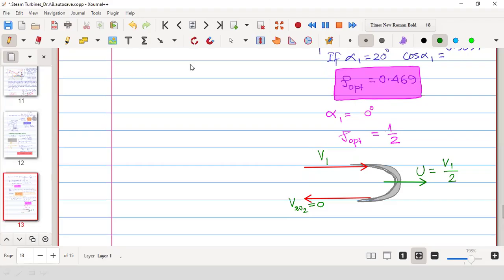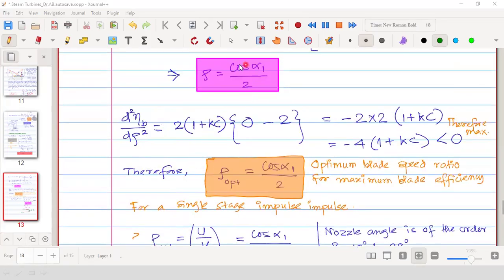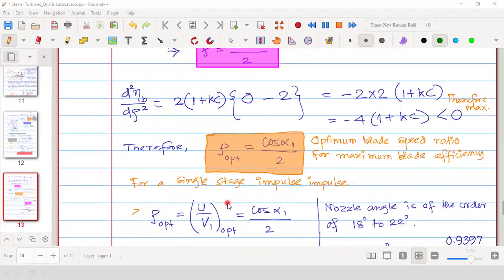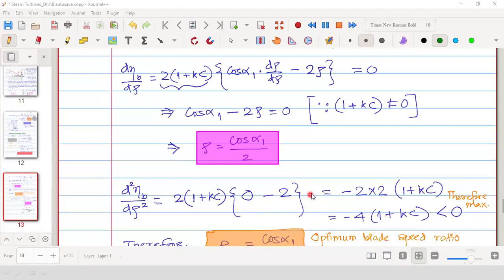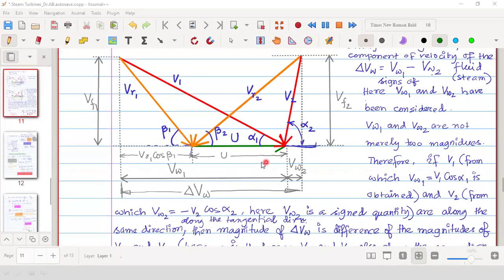Now, it is 0 whatever be the angle. That means the tangential component should be 0 for maximum efficiency. That means for maximum blade efficiency, the outgoing fluid will have 0 tangential component.